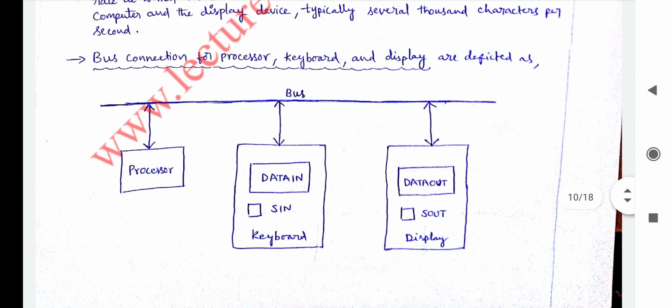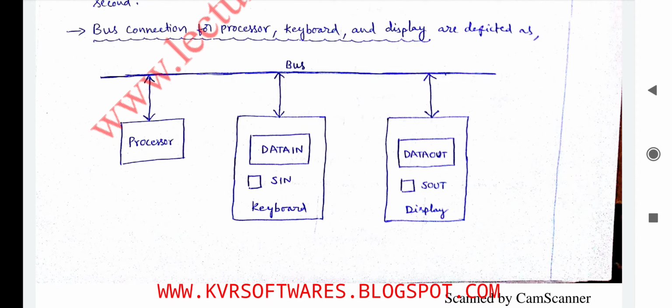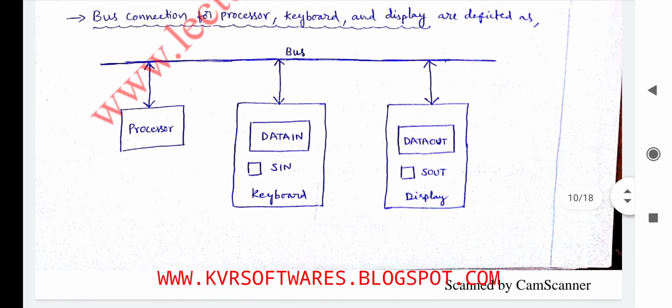Bus connection for a processor, keyboard and display is defined as follows. The top most thick line is called the bus. It is a transmission line capable of sharing many devices. Here the processor is connected to the bus, and here data in.